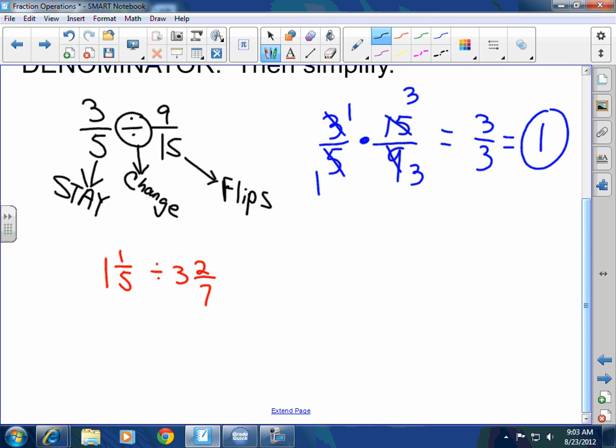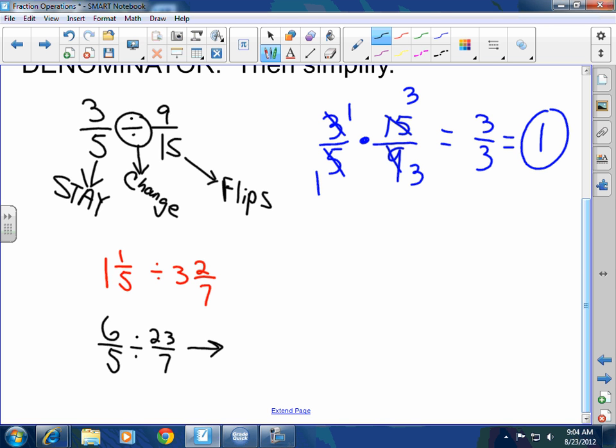What's the first thing we got to do here since we have mixed numbers? We got to convert them to improper fractions, right? So I got 5 times 1 is 5 plus 1, so that's 6/5 divided by 7 times 3 is 21 plus 2, 23 over 7.